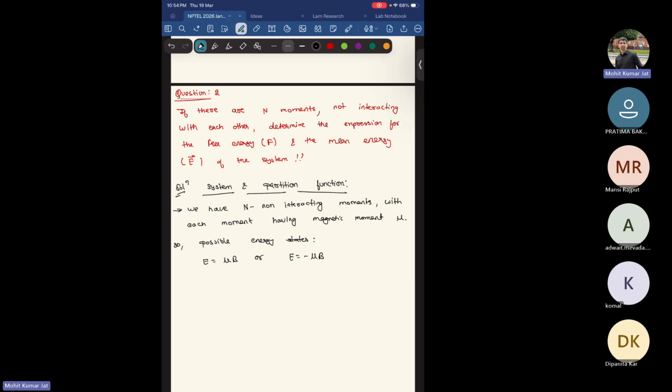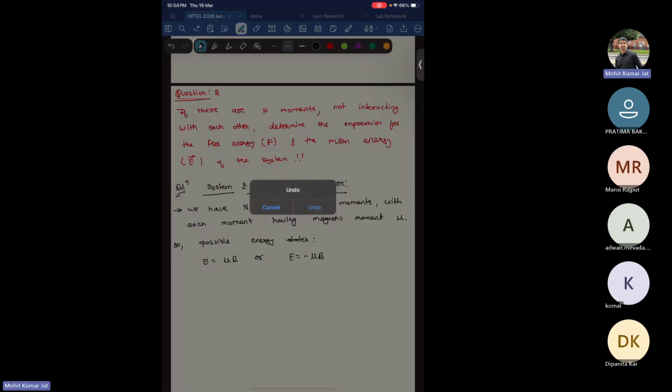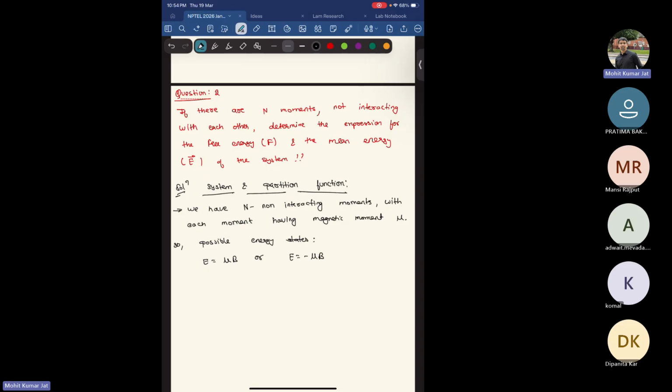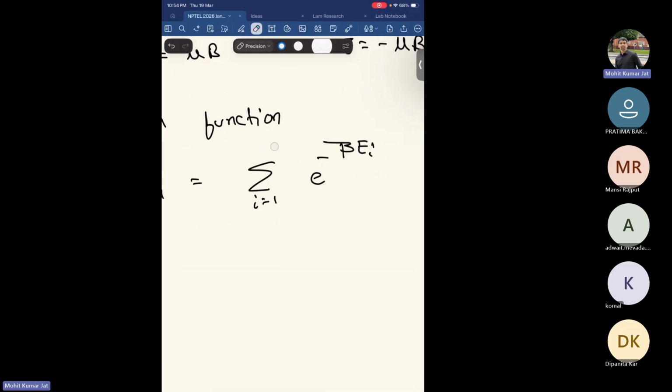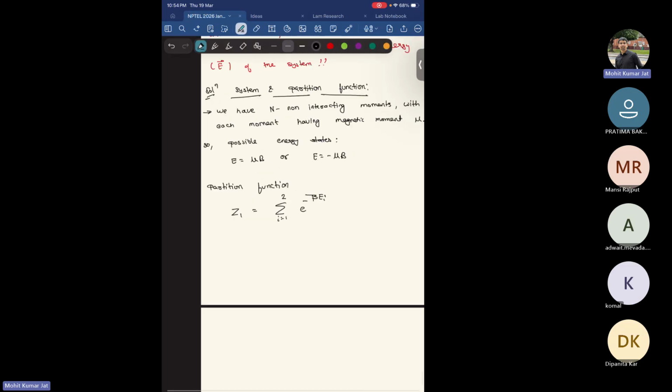If you have the energy states, then the partition function can be easily calculated from the sum. Let me write the partition function, which goes like capital Z1 equals the summation of e to the power minus beta E_i, where i equals 1 to infinity. In this case i is 1 to 2 because there are only two energy levels.